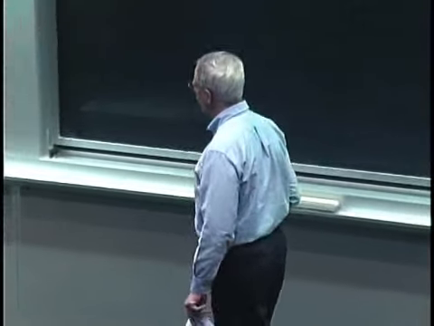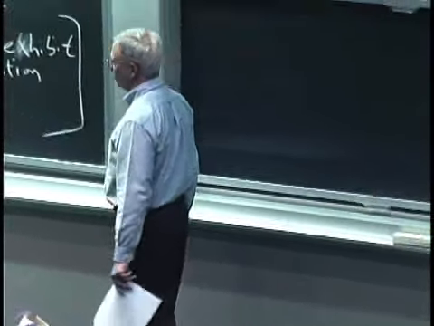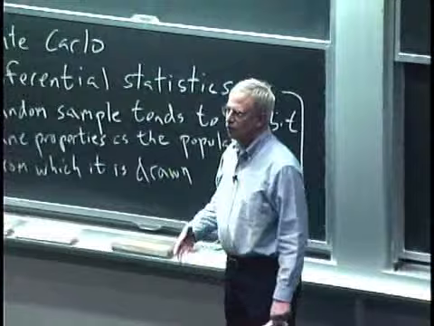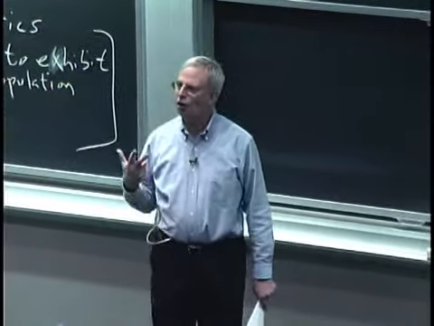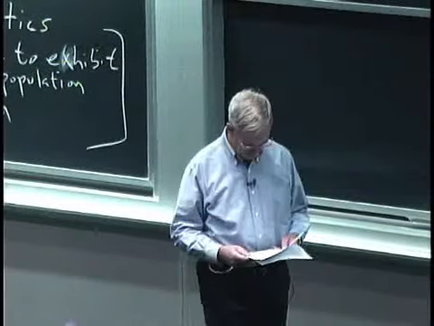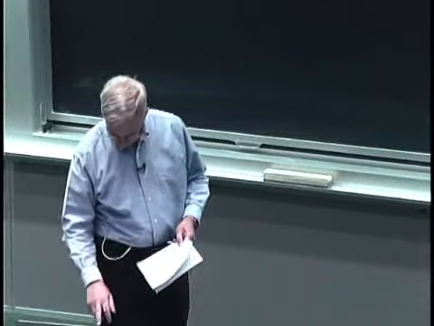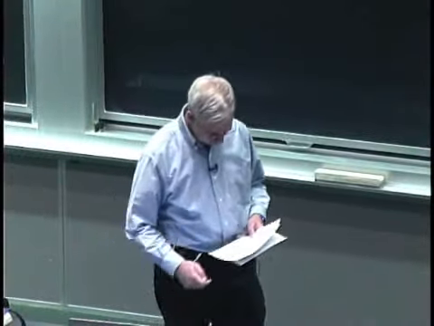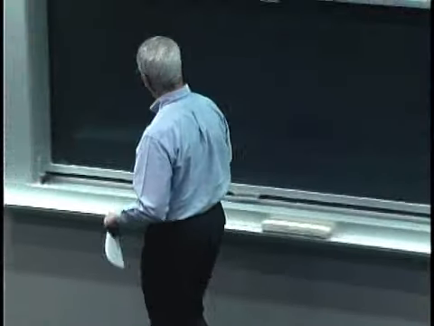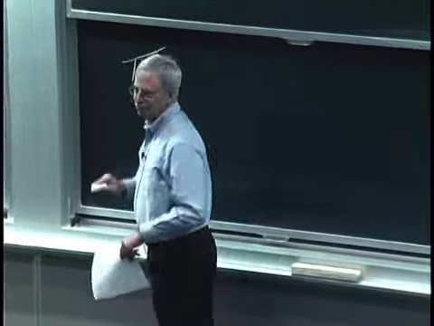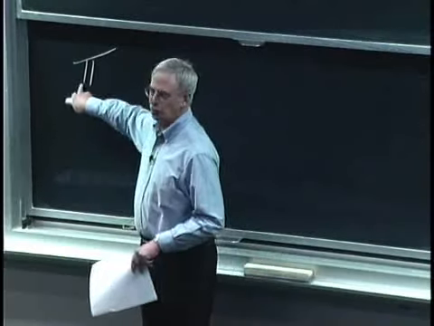Interestingly enough, though, we can use randomized techniques to get solutions to problems that are not inherently stochastic. And that's what I want to do now. So consider, for example, pi. Many of you have probably heard of this.